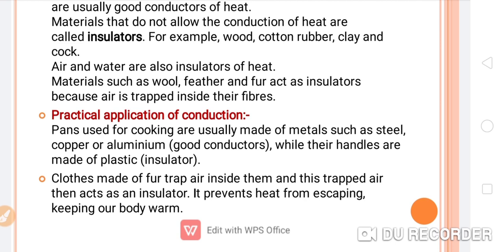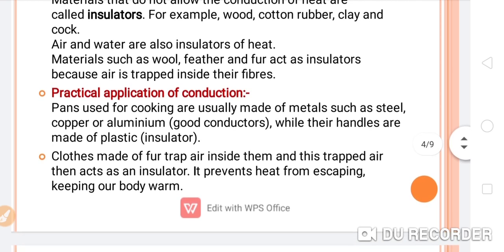Because all these metals are very good conductors of heat, while their handles are made of plastic. Why? Because plastic will act as an insulator, and it allows us to handle these metallic vessels, these metallic pots.